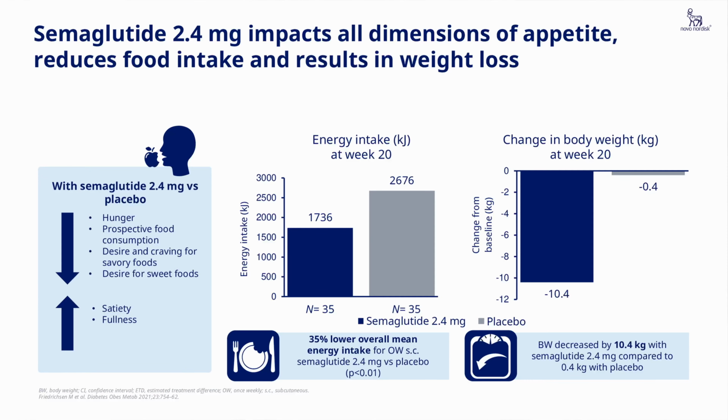Semaglutide is an analog of GLP-1 which does the same job as a GLP-1, and it impacts almost all dimensions of appetite intake and reduces food intake and results in significant weight loss, and it might lead to up to 10 kg of weight loss compared to only about half a kilogram in individuals with placebo.